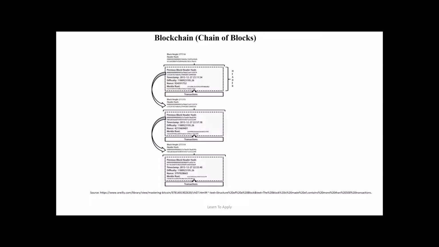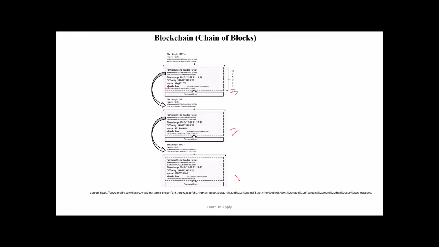Now let's see how blocks are created, how they are linked to each other, and how finally we have a blockchain. This is the header that we have talked about, right? It has specific information: previous block hash, timestamp, difficulty, Merkle root, all sorts of things. Suppose this is the first block, this is the second block, and this is the third block, just for the sake of simplicity.